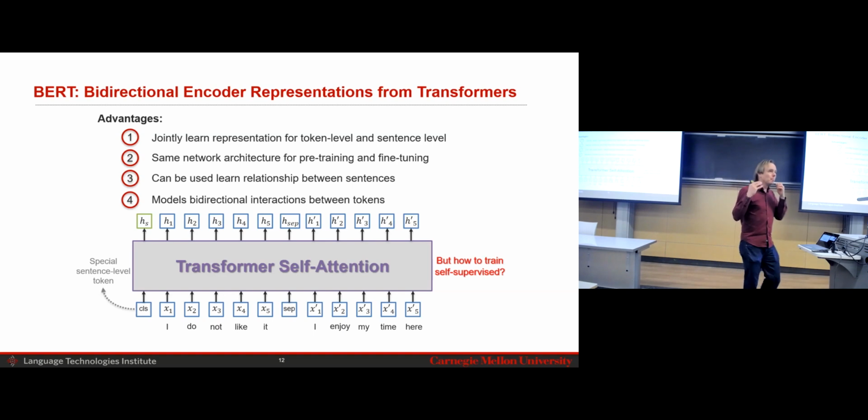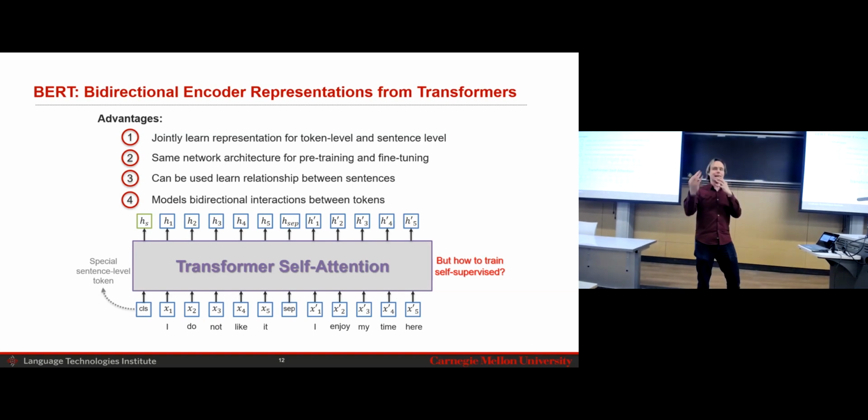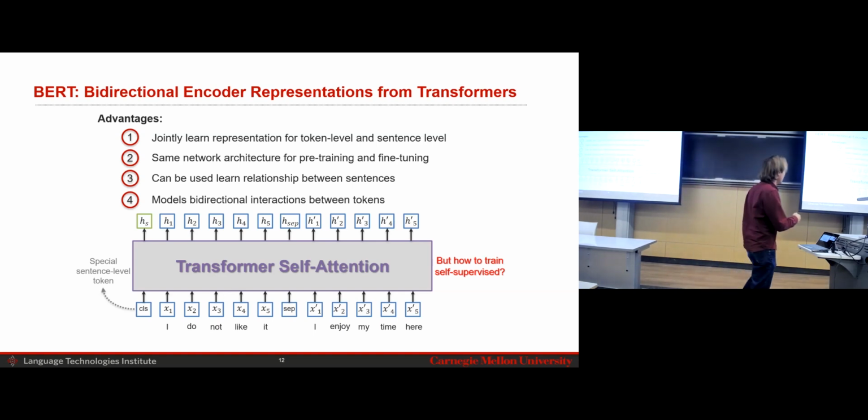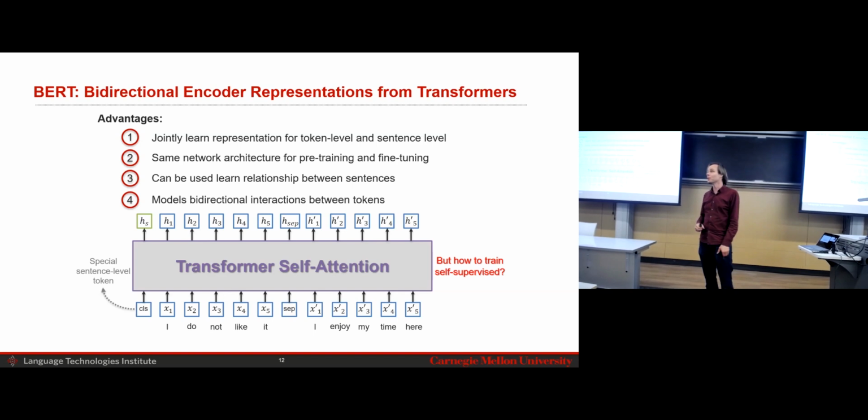So really the main novelty of BERT was primarily to bring this idea of masking to the transformer, and also to bring that extra token, because originally the transformer was proposed for machine translation and it didn't have that one token, that one output that will give me a representation of the whole sentence.